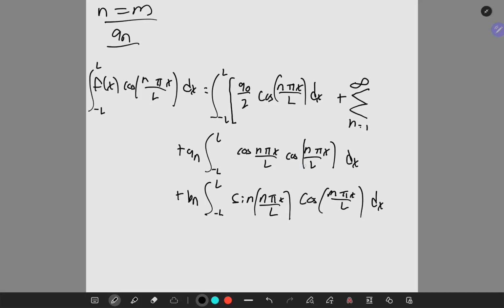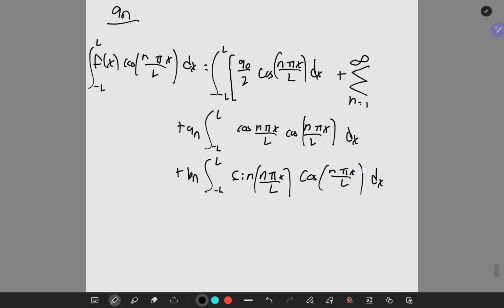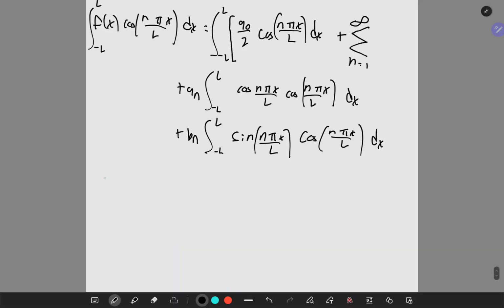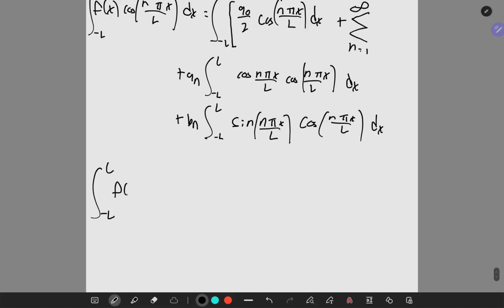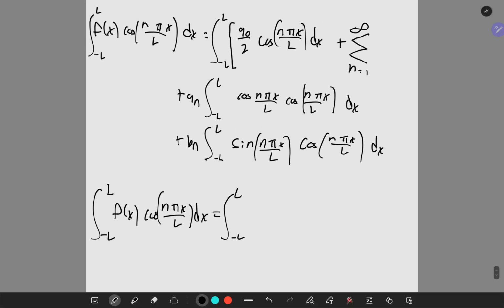And then we can rewrite this whole thing. This would become the integral from negative L to L of cosine n pi x over L dx is equal to the integral from negative L to L of the same exact thing again. I separated them.